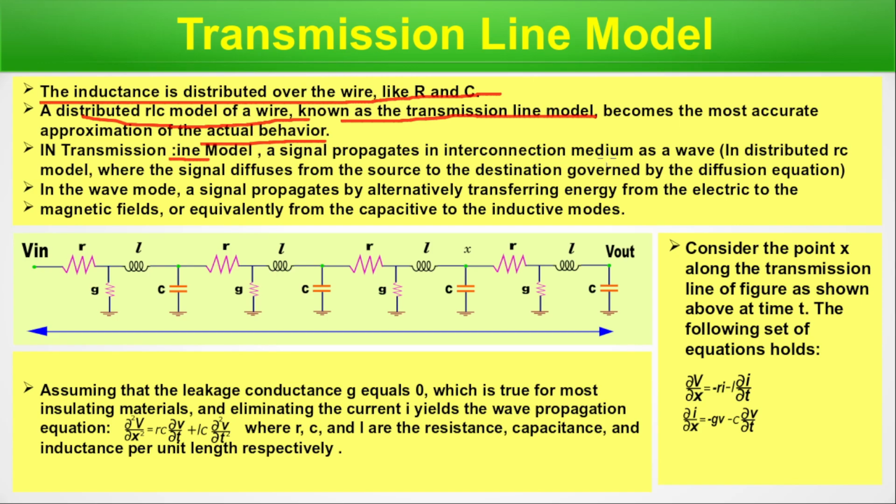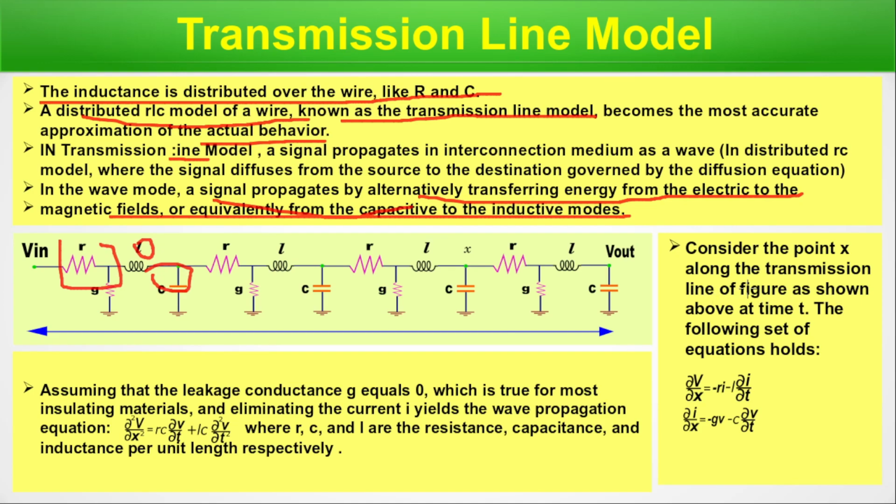In the distributed RC model, the signal diffuses from the source to the destination governed by the diffusion equation, whereas in the wave model, a signal propagates by alternatively transferring energy from electric to magnetic fields or equivalently from capacitive to inductive modes. So, when we consider R, L and C, it's a transmission line model.